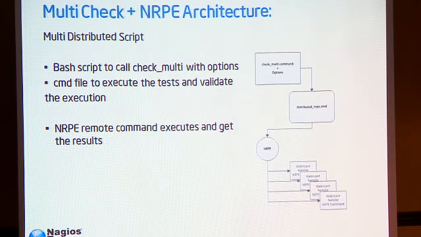Well, we use a bash script that we'll show you later to execute the test, and we put here the threshold for this test, which is just calling an NRPE command and executing the WebInject remotely.